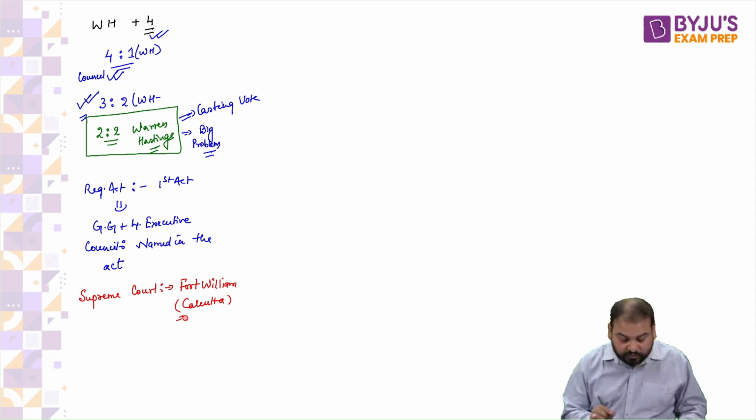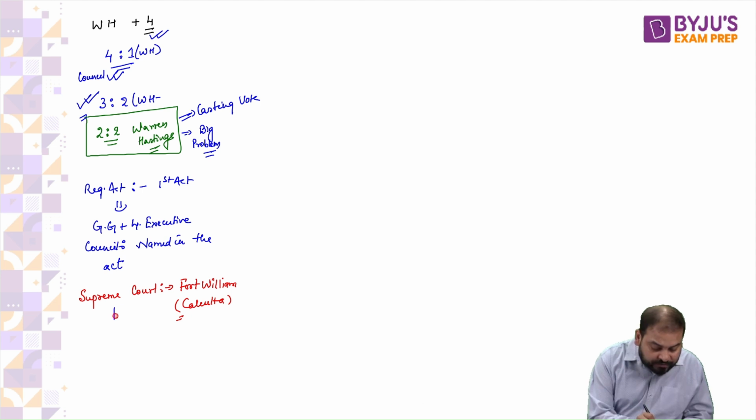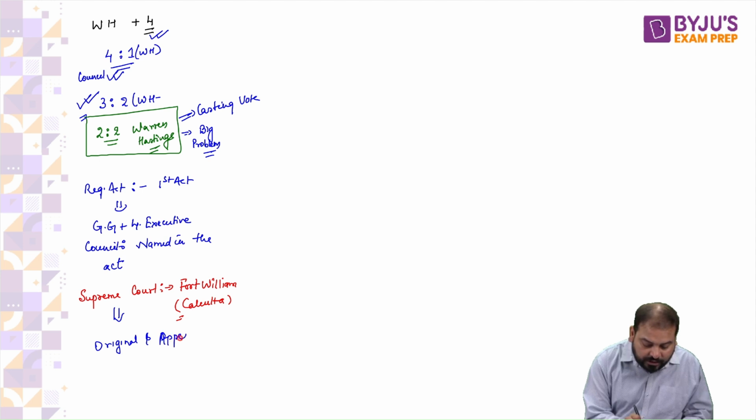Calcutta. So this Supreme Court which is established had both original and appellate jurisdictions. The British judges came from Britain to administer law.